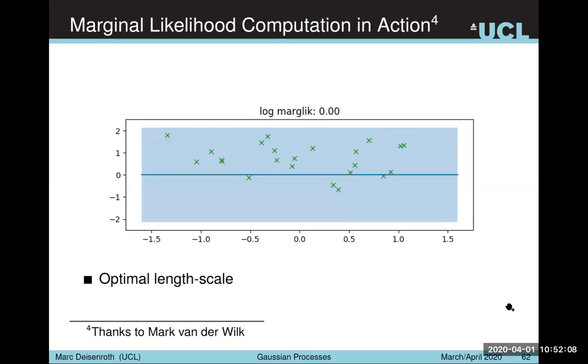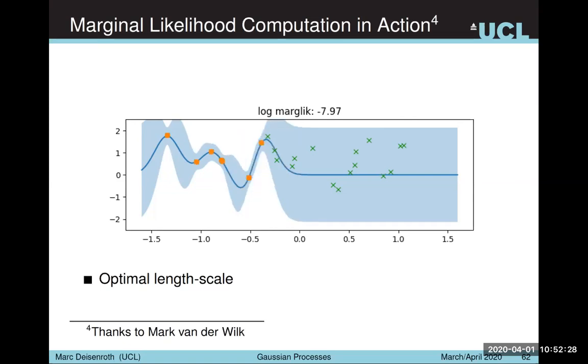And so we can optimize the marginal likelihood, run these sequential predictions, and then find the optimal length scale. If we do that, then the marginal likelihood predictions, these sequential predictions, would look like this. And we can see that the training data is relatively well predicted.